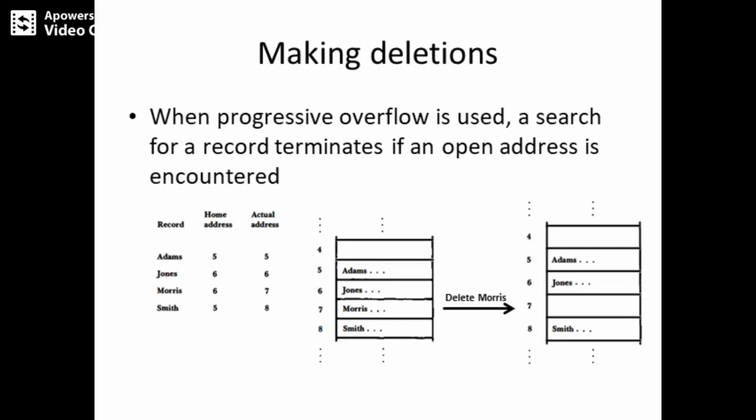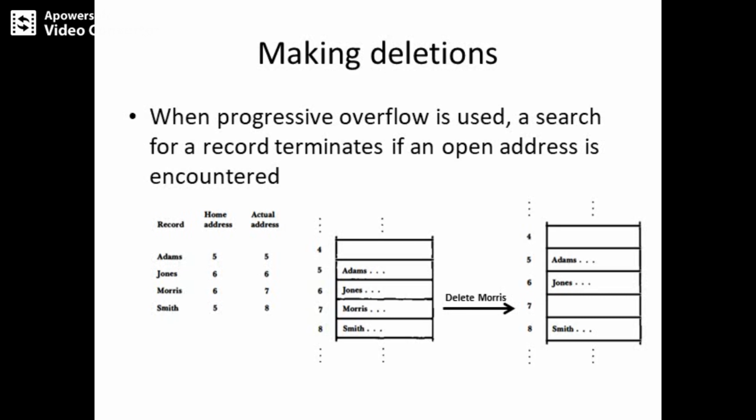Whenever you are searching for a record stored at an actual address using the home address, it might be using a progressive overflow method. While searching for a record in memory, whenever you delete some particular record, the deleted space will become empty, right?